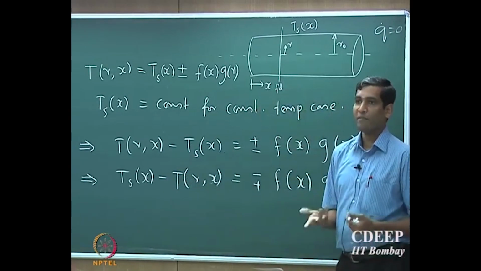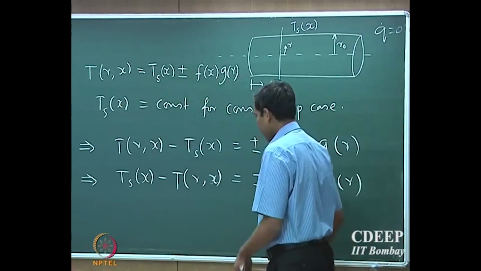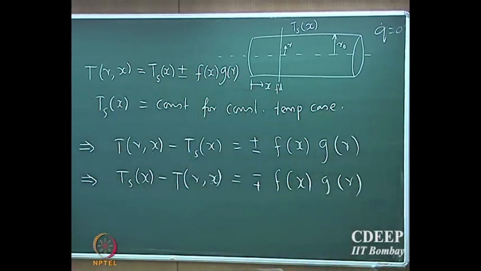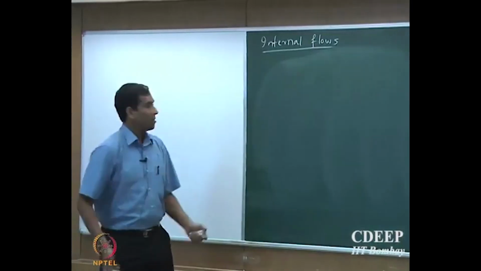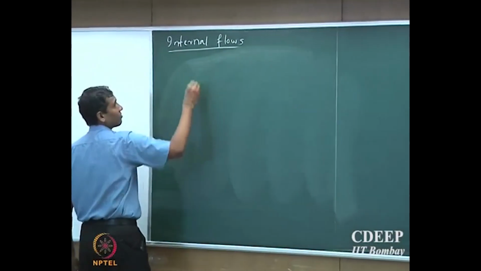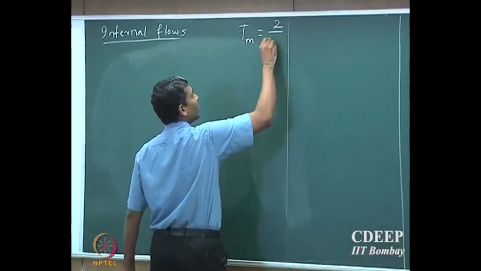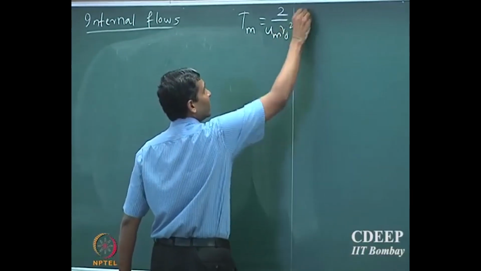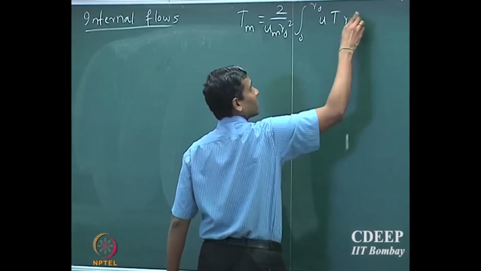Okay. So all I have done is I have taken T on the other side and the function on the left hand side. So once I do this, I can introduce the averaging property here. So we know that Tm, which is the average temperature, is 2 by um r naught square integral 0 to r naught u T r dr. Okay.